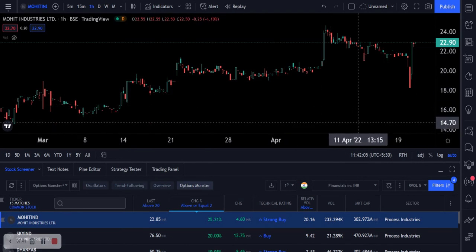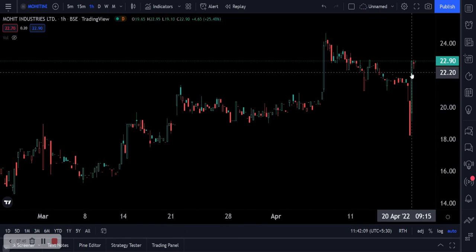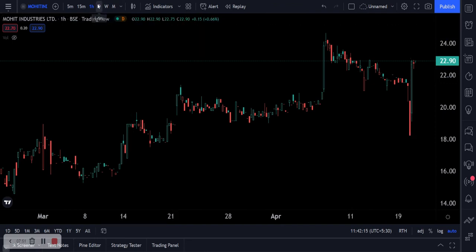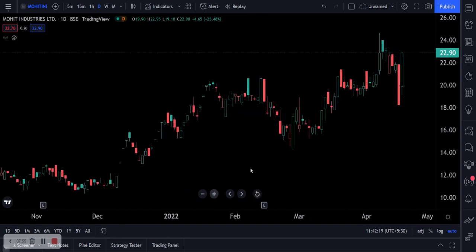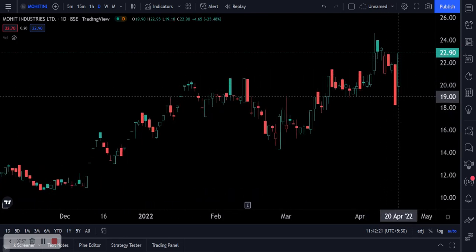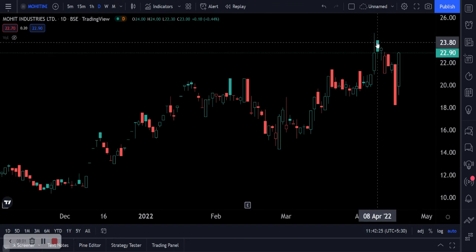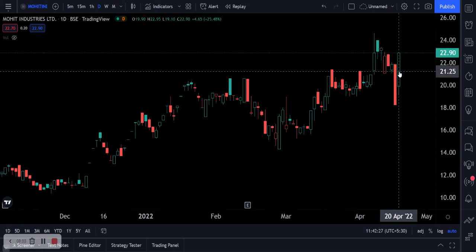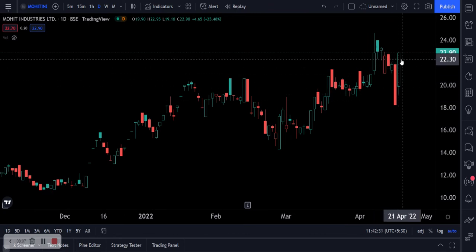As you can tell, it's a huge move today. We're looking at the hourly here. Let's go to the day chart. Much better. So it has finally broken out from its fall for the last entire week. That's a huge move, 25%.